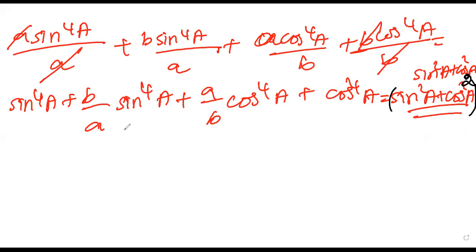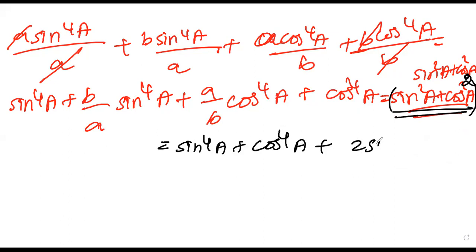So keep the left hand side part as it is. The right hand side part is going to be sin⁴A + cos⁴A + 2 sin²A cos²A. So what happens? On the left side you have sin⁴A, right side you have sin⁴A, cos⁴A, cos⁴A. These things will cancel out each other.